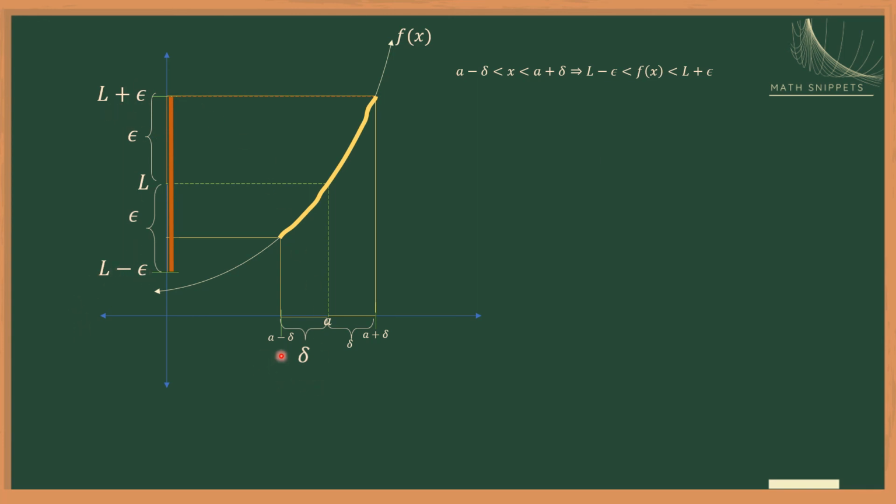Now for the delta that we found, look at where the values of f of x are. They are just a subset of the bigger interval. So indeed, this satisfies the epsilon delta definition, and this shows that the limit of f of x as x approaches a is equal to L.